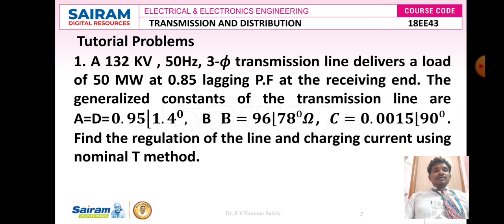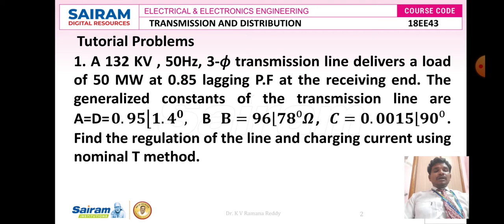The generalized constants of the transmission line are A = D = 0.95 at an angle of 1.4 degrees, B = 96 at an angle of 78 degrees ohms, and C = 0.0015 at an angle of 90 degrees. Find the regulation of the line and charging current using the nominal T method.